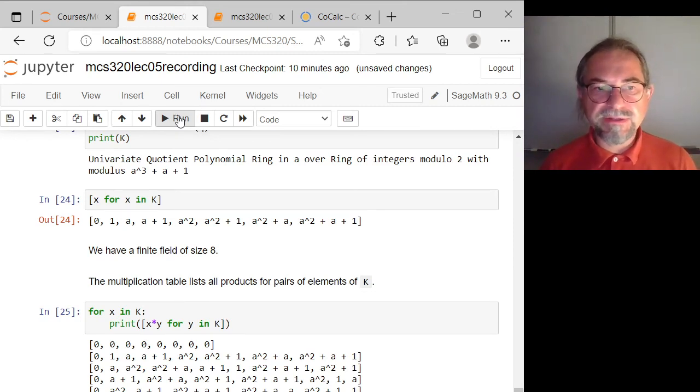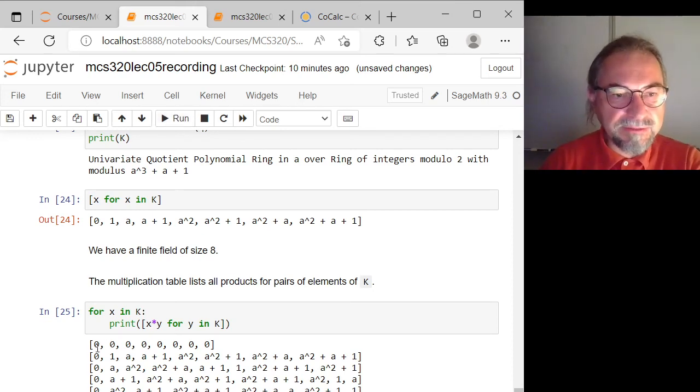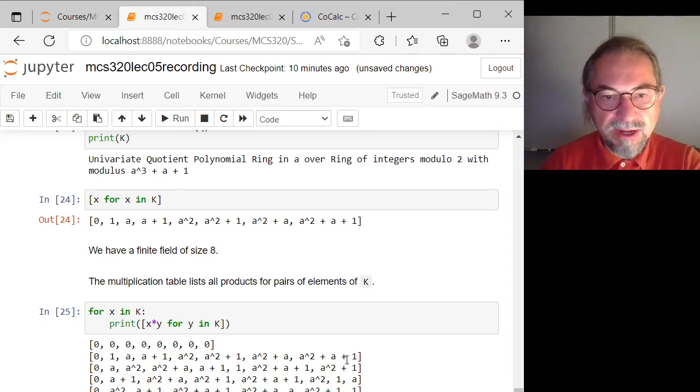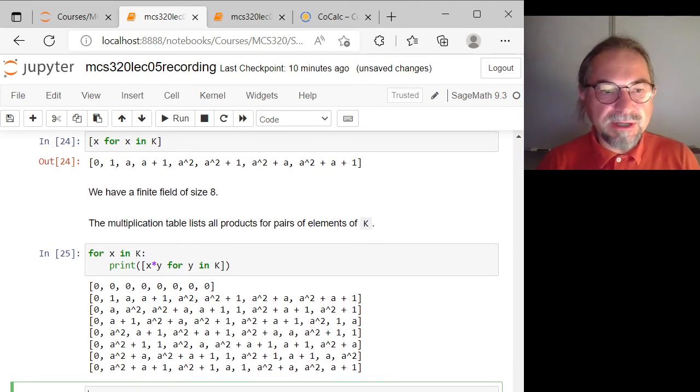No surprise here, if you multiply with 0, everything is 0. Here you see when you multiply with 1, you have the elements of the list again. And here is when you multiply with a. What I want to point out here is that this is a field. Every non-zero element in K has an inverse.